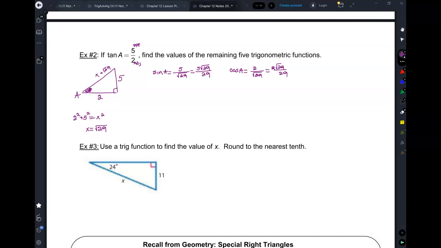Tangent is already given, so we don't have to find it. Notice it says the remaining 5. So now let's do the reciprocals. Cosecant. For the cosecant, when you have this situation, go with the unrationalized one. So it's just root 29 over 5.